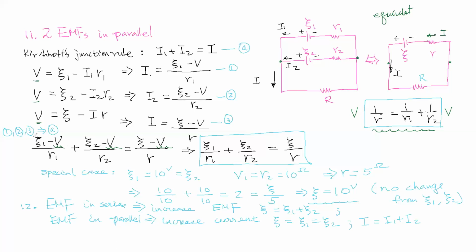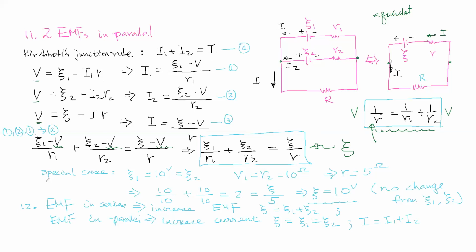You will be left with epsilon 1 divided by R1, plus epsilon 2 divided by R2, equal to epsilon divided by R. That's your formula if you want to find the equivalent EMF. If you want to find the equivalent resistor, you can use that formula there. Those are the two formulas you can use for two EMFs in parallel.